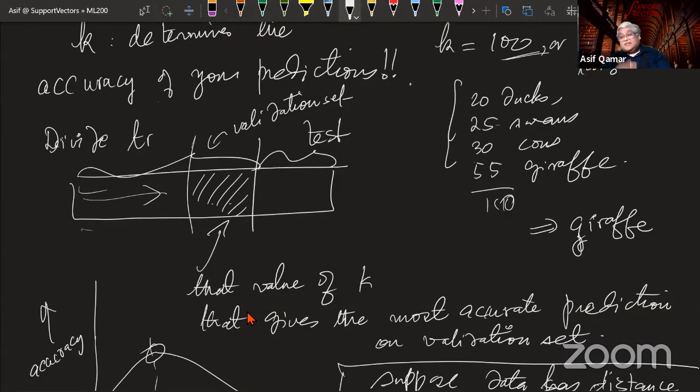And the next thing we will learn is that this business of finding K is a bit of a nuisance. So there is actually a way to be insensitive to K. It is using the intuition that the nearer a neighbor is to you, the more representative he or she is of you.